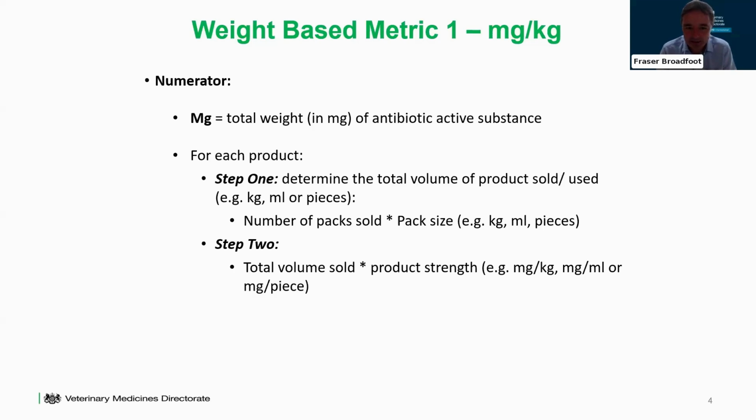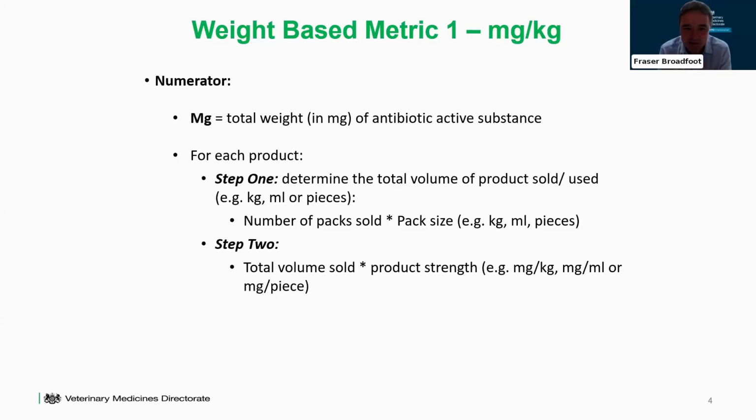The way we calculate that, and this came up in the previous discussions as to what level of detail you do need, is that in order to calculate milligrams of active, all you really need is a list of the products that are the antibiotics being sold or used, and you need to know either how many packs of those products have been sold and the pack size.